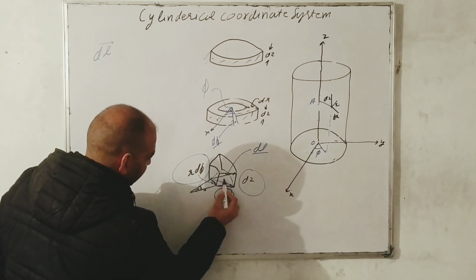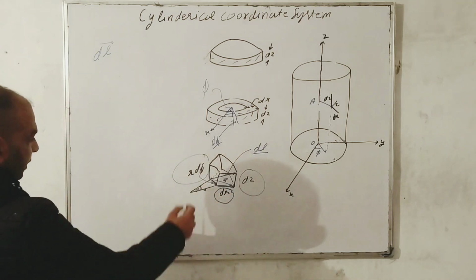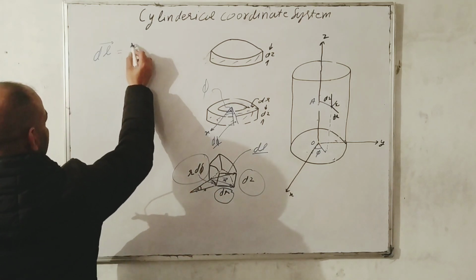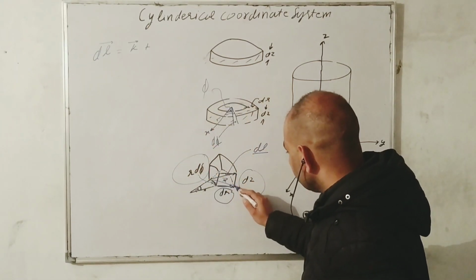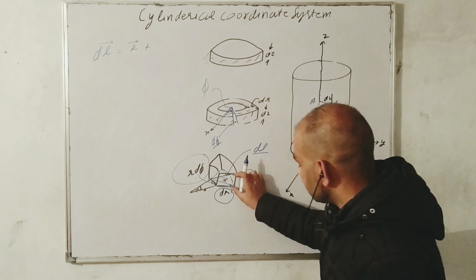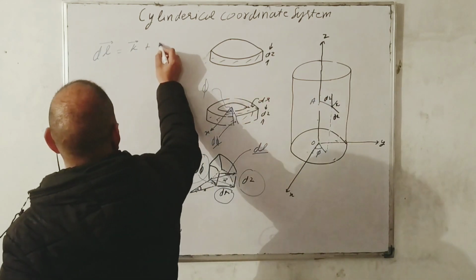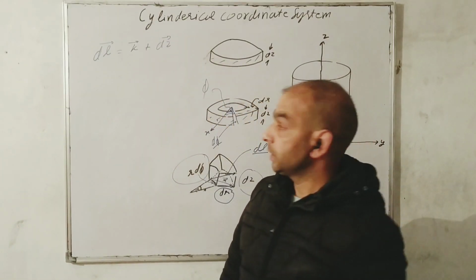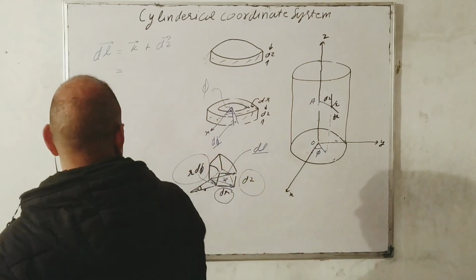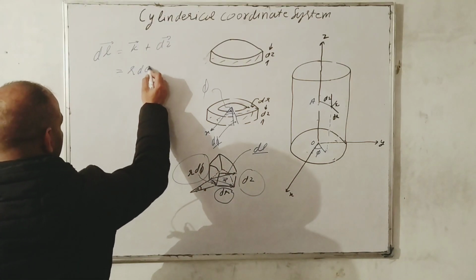Call it the k vector. So dl will equal the k vector plus the dz vector. What is the value of this k vector? The k vector is r d phi plus dr.